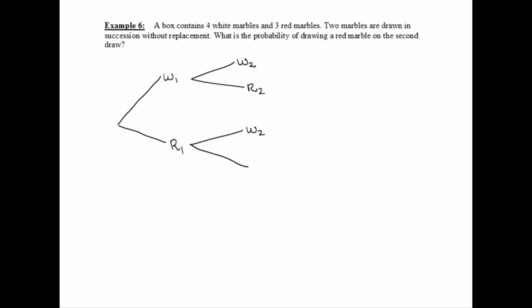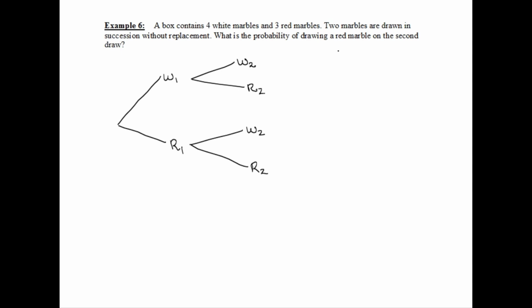I'm putting the subscripts because, for example, it's asking us for the probability of drawing a red marble on the second draw. Drawing a red marble on the second draw is not the same thing as drawing a red on the first. And so I don't want to call them both R because they're really two different events. So I'm calling them R1 for red on the first, R2 for red on the second. We just don't want to use the same letter to represent two different things.